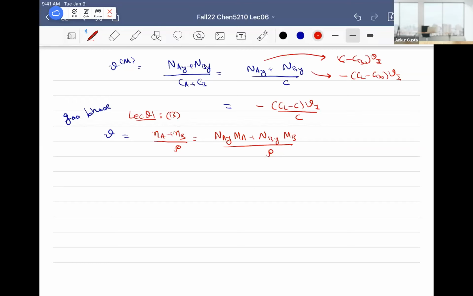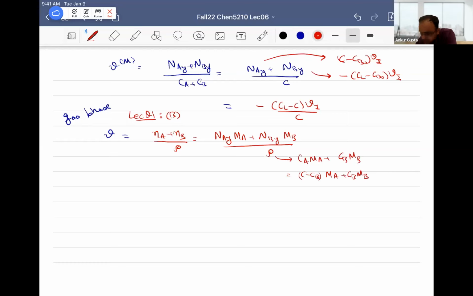So what about the numerator? N_A is constant, as we just discussed. N_B is constant. But what about density? The way to think about density is that rho equals C_A M_A plus C_B M_B, which is equal to (C minus C_B) M_A plus C_B M_B.